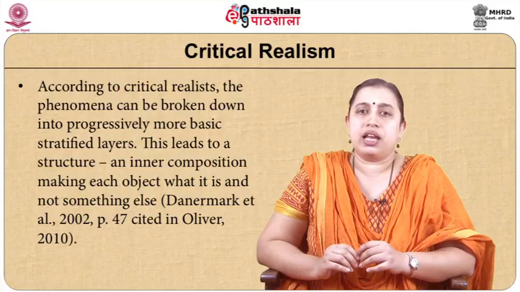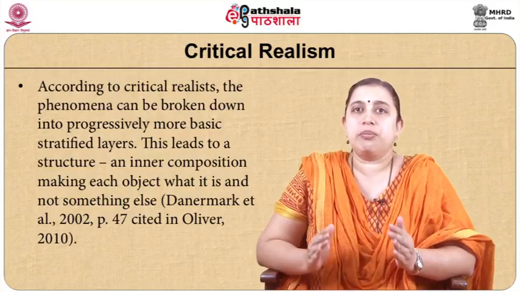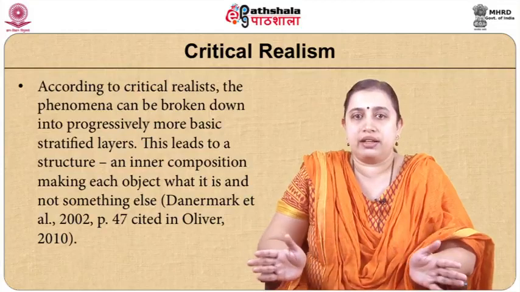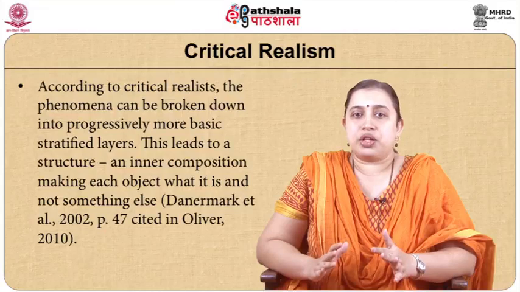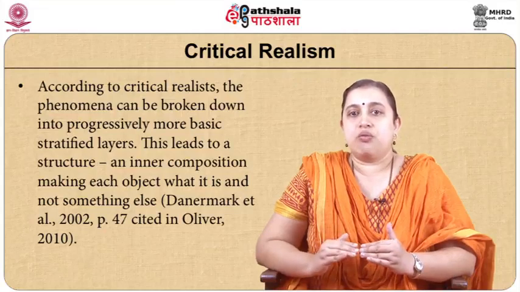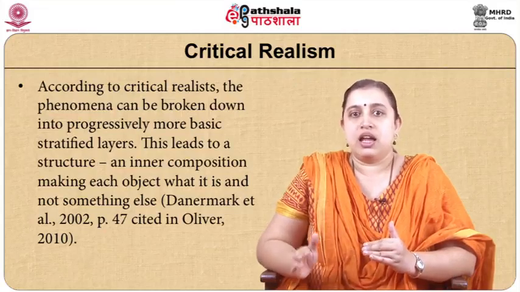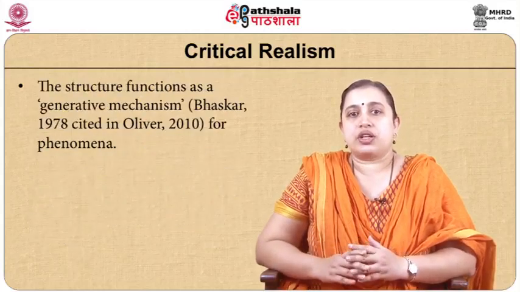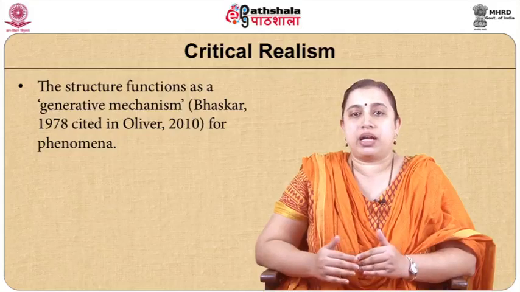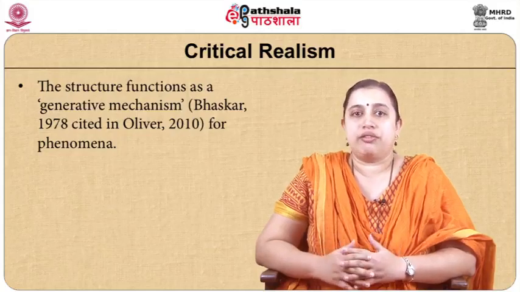According to critical realists, the phenomena can be broken down into progressively more stratified layers. This leads to a structure, an inner composition making each object what it is and not something else. The structure functions as a generative mechanism for the phenomena.